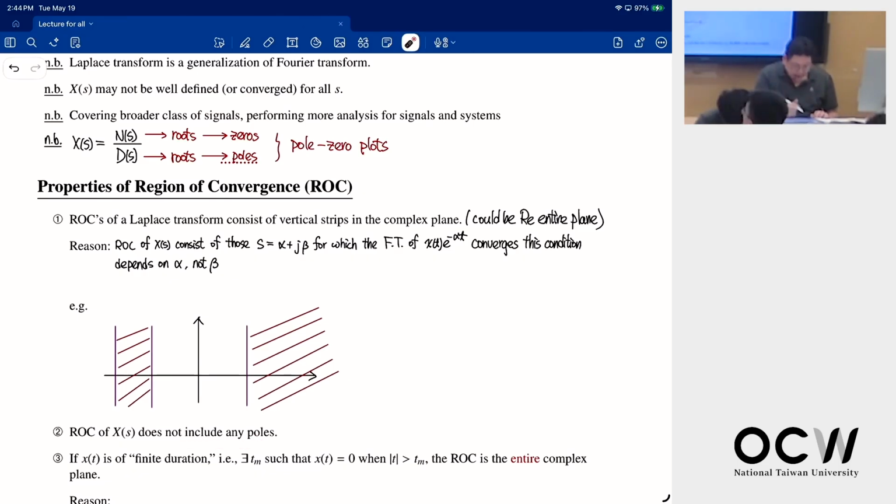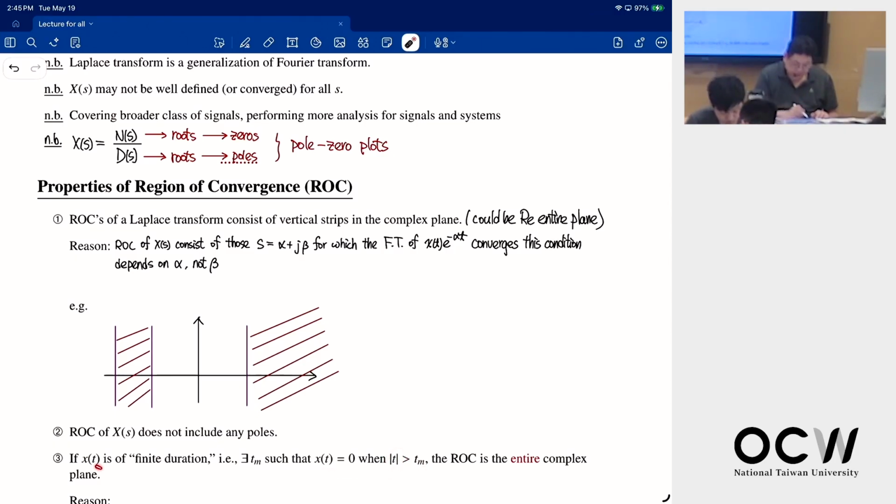And then the next one: if the signal is finite duration, it means that I have a Tm. If the absolute value of t is greater than Tm, the signal is 0.